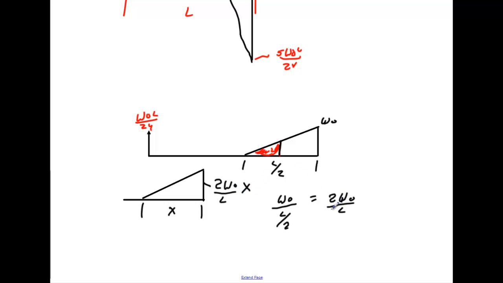So again, if I take this slope and multiply it by this X value, I will find this. So now we just have to find that area and set it equal to the load that's going up, which we said was WO times L over 24. Make that WO better.